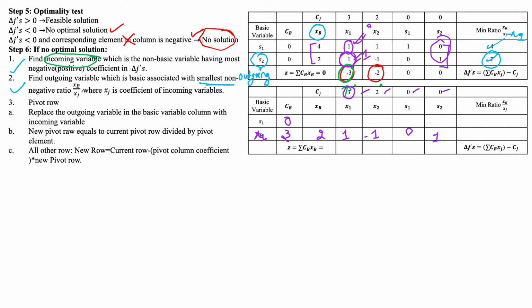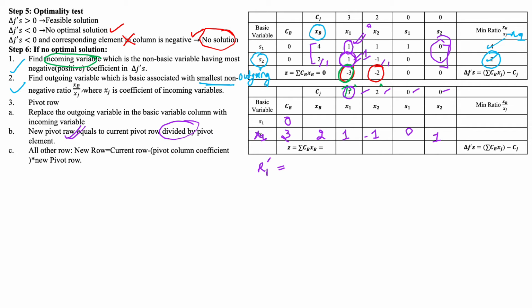So to make this 0, for all other rows I don't have to divide by any pivot element because it's 1 itself. If I divide the whole row by 1, it will still remain the same. The next step, for all other rows, is the new row. Row R1 dash is my new row.